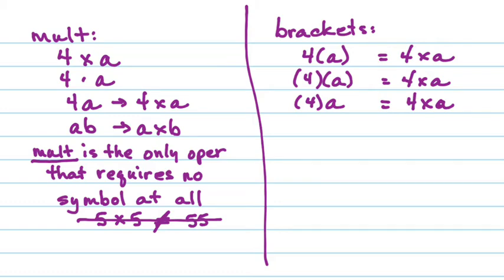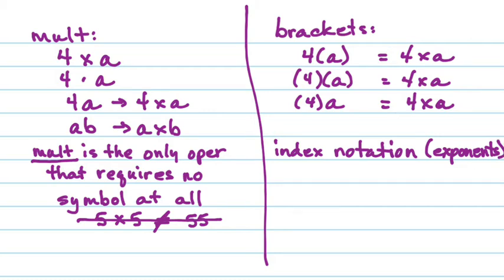Sure. All right. We also need to think about index notation or exponents. Because we could have a lot of things multiplied together, and we can still use exponents to represent those.